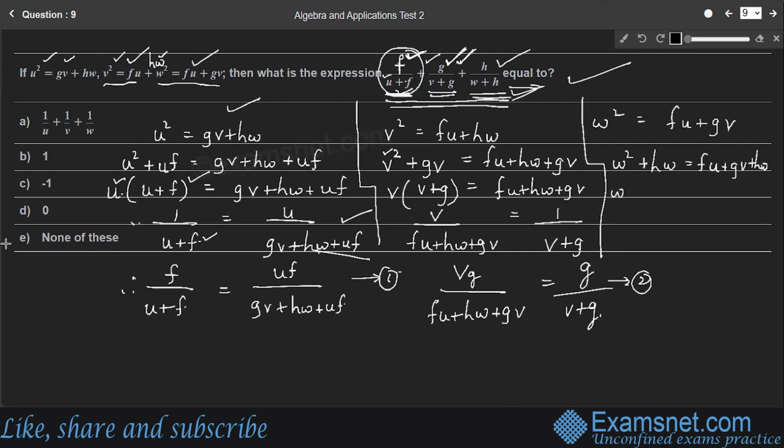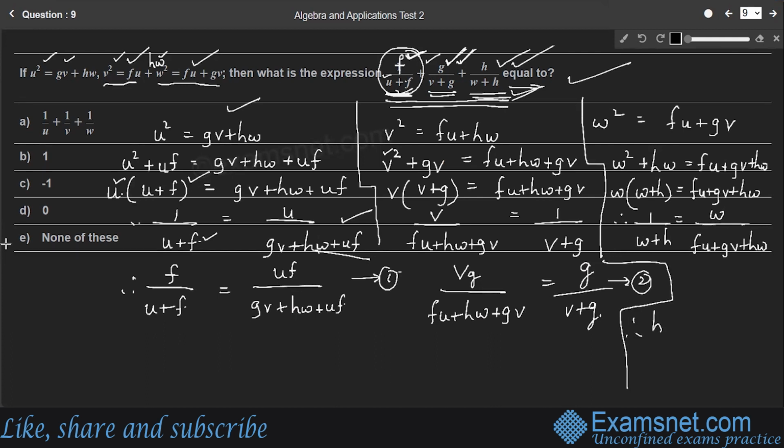Take out w as common, w into w plus h is equal to fu plus gv plus hw. Therefore 1 by w plus h is equal to w by fu plus gv plus hw. So h by w plus h: multiply both LHS and RHS by h, you will get wh divided by fu plus gv plus hw. Consider this as equation 3.